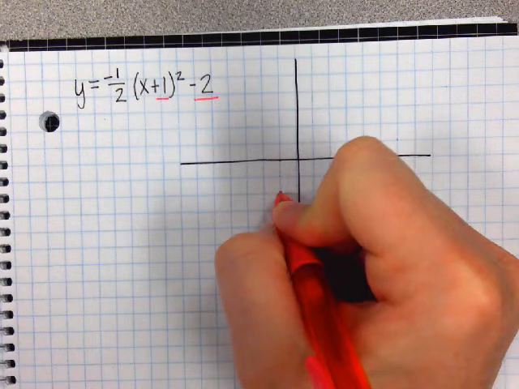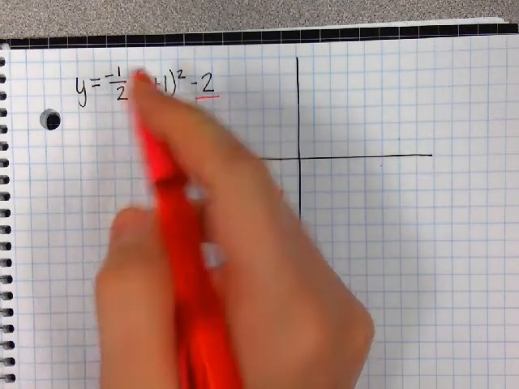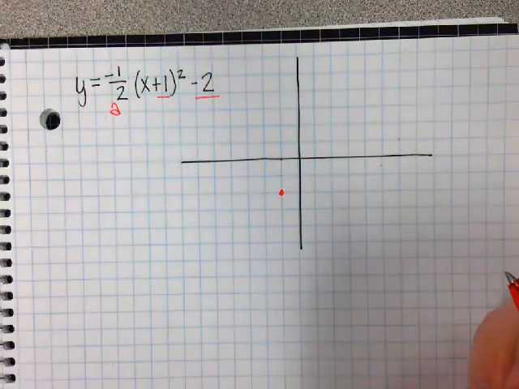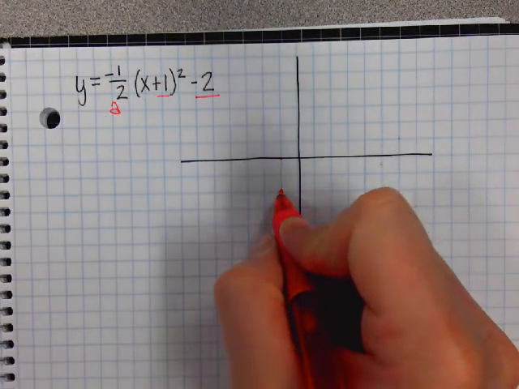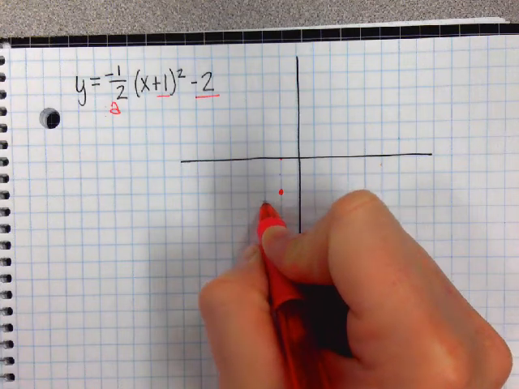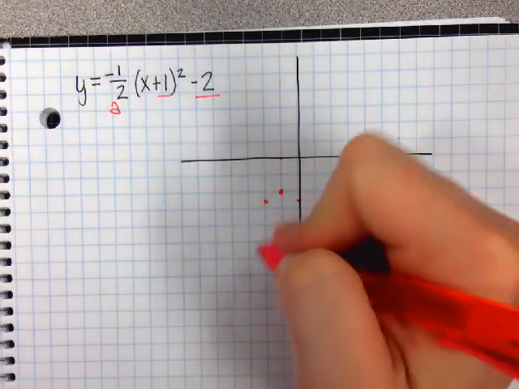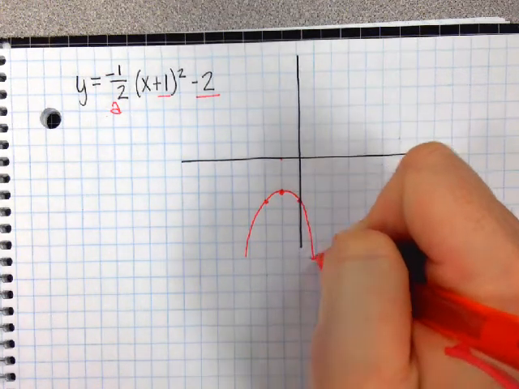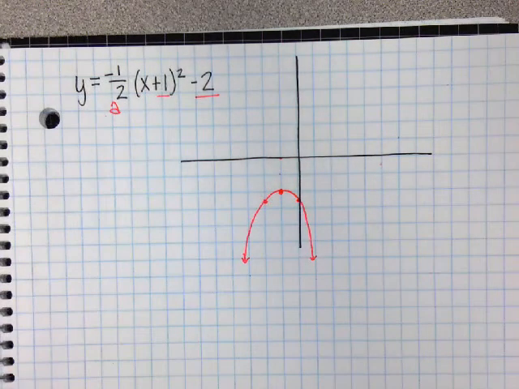So I need to move left 1 and down 2. And then my a value, remember a is in front of the parentheses. So my a value is negative 1/2. So I'm going to move over 1, you always move over 1, and then down half of a unit. Move over 1, down half of a unit. So that would be my transformed function. Notice it's upside down because the a is negative.